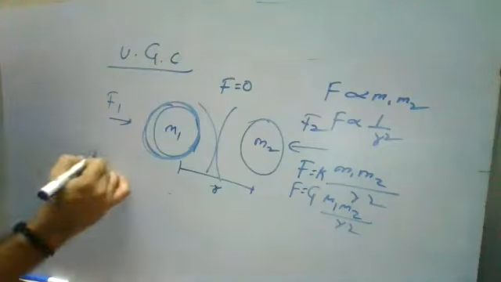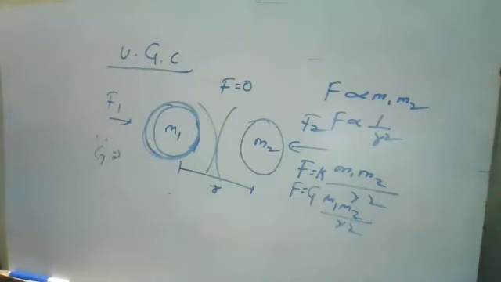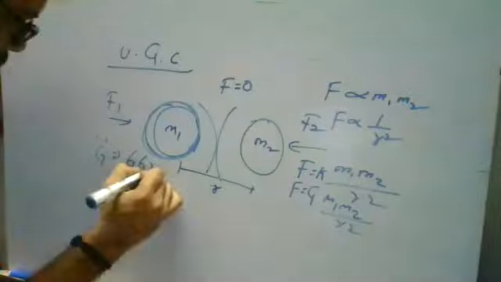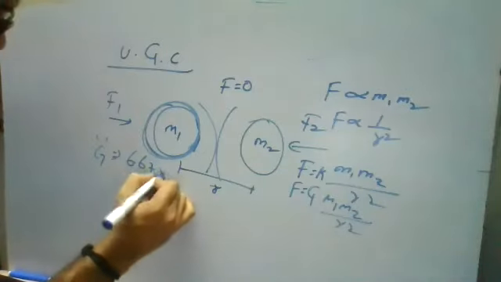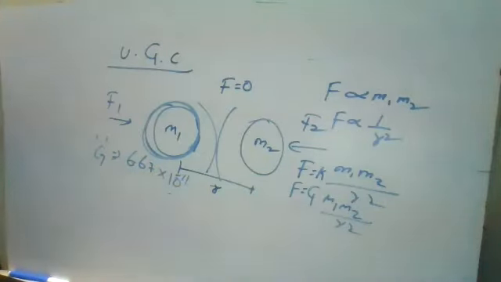And the value, anyone, what is the value of capital G? 6.67 into 10 to the power of minus 11. Good. What is the unit?